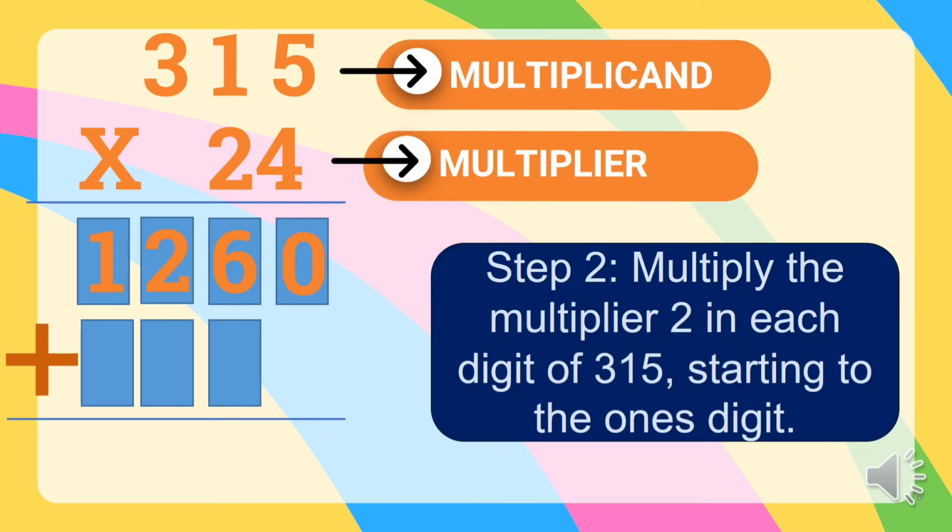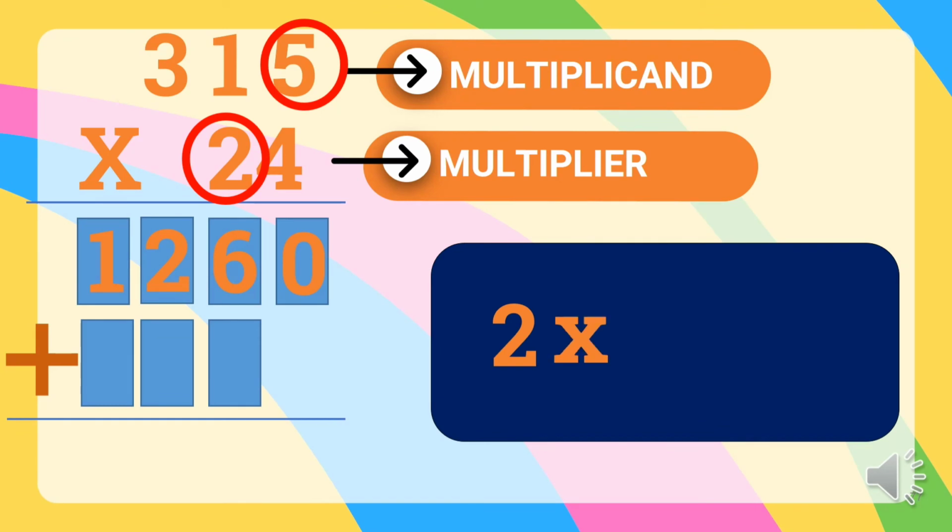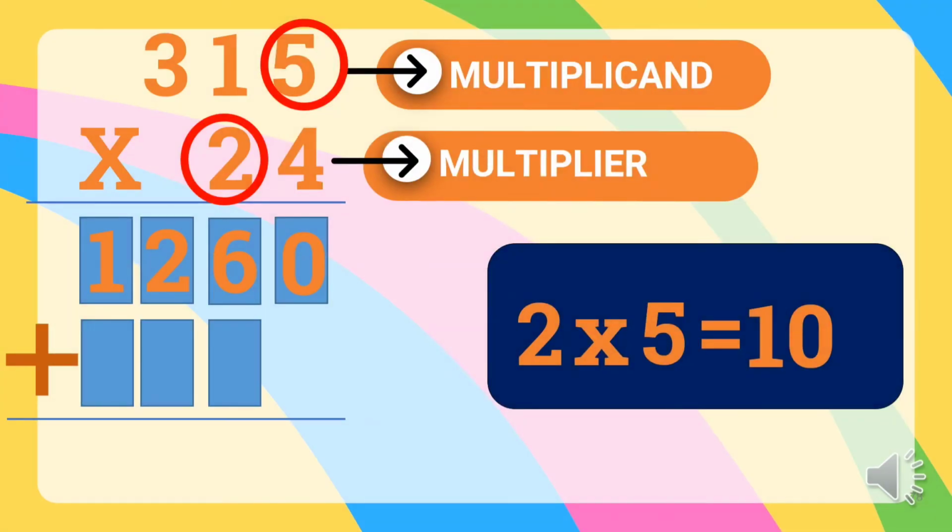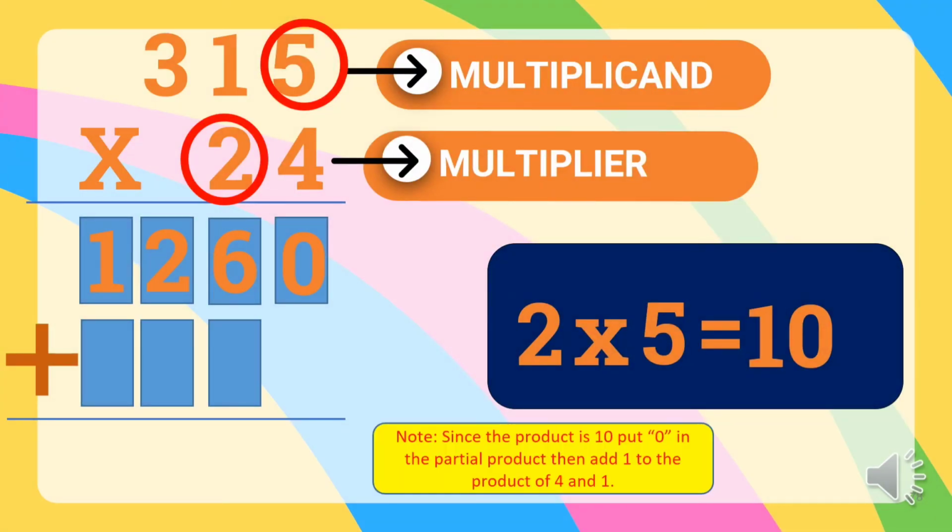Step 2 is to multiply the multiplier 2 by each digit of 315, starting with the ones digit. So we have 2 times 5 is equal to 10. Since the product is 10, put 0 in the partial product, then add 1 to the product of 2 and 1.